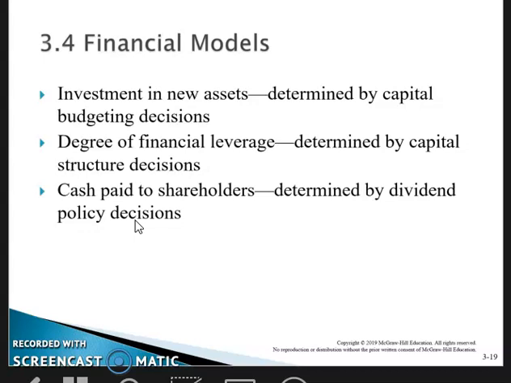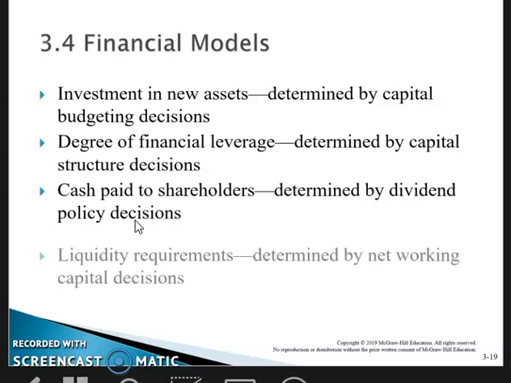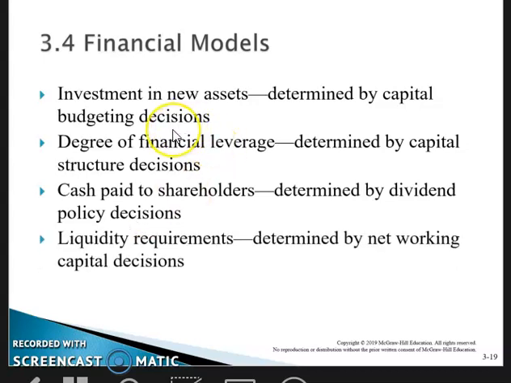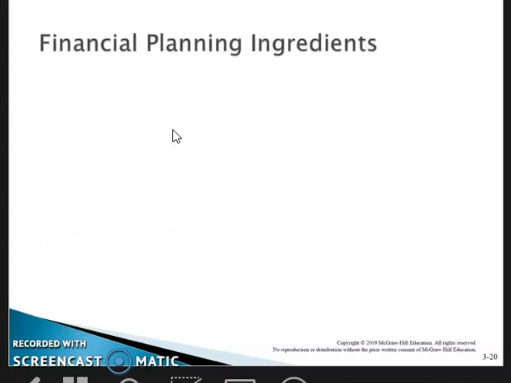Vice versa, not paying out dividends and accepting an inferior project, or a project with a return below the company's cost of capital, would also reduce the value of the firm. Liquidity requirements are determined by net working capital decisions.